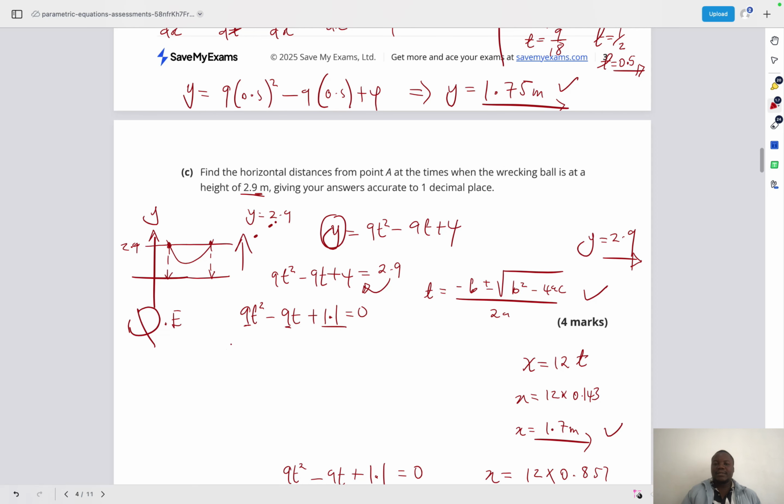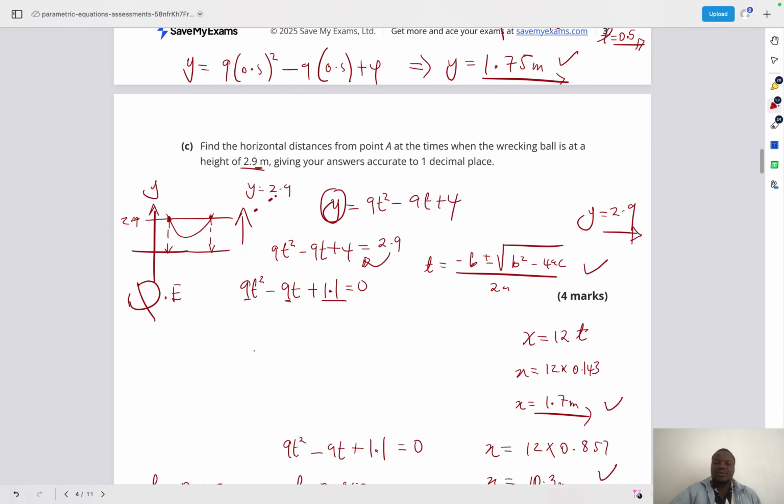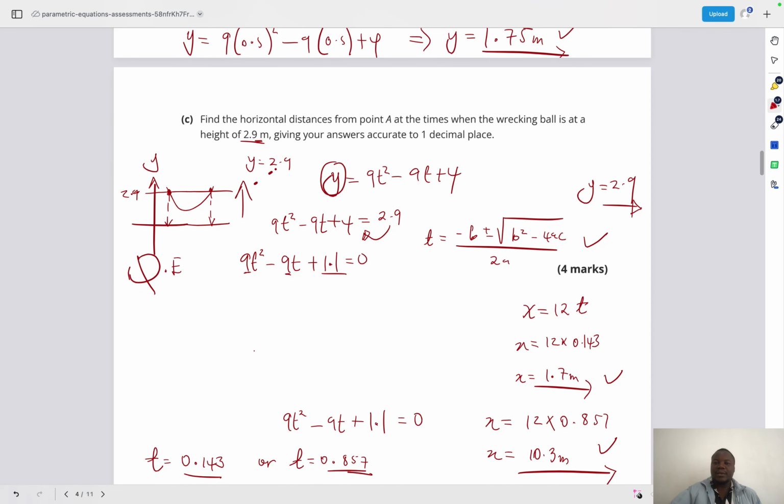If you do that, you are going to get two possible values of t. One of them is t equals 0.143 seconds, and the other would be 0.857 seconds. So when the height is 2.9, the time would either be 0.143 seconds, or at this point 0.857 seconds.